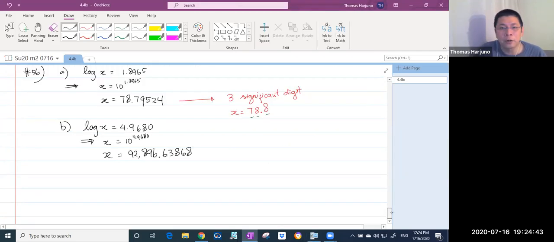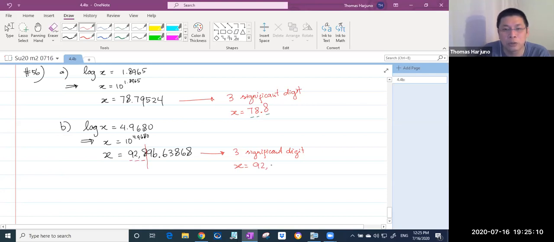Now, however, if you want to make it into 3 significant digits, x equals the first non-zero digits or between non-zero digits. So it will be 9, 2, and then only 1, 2, 3, the rest you round.